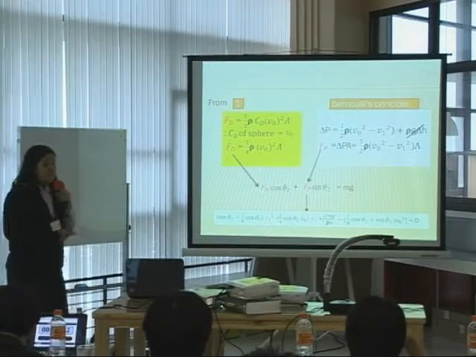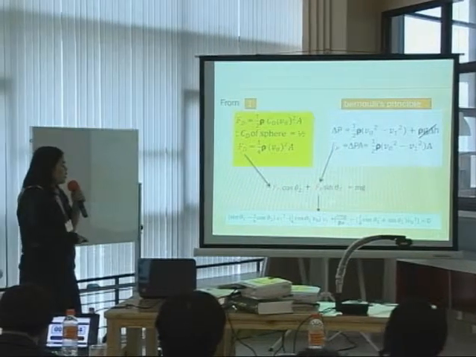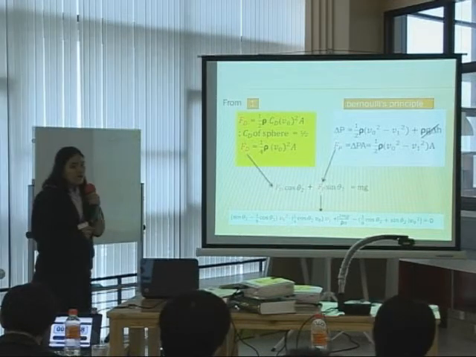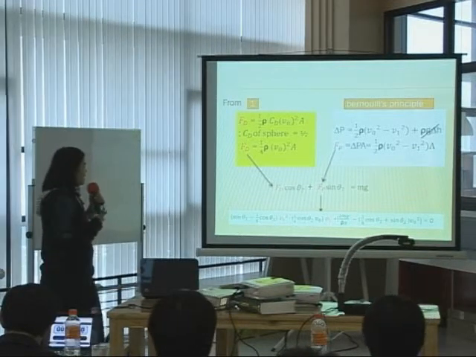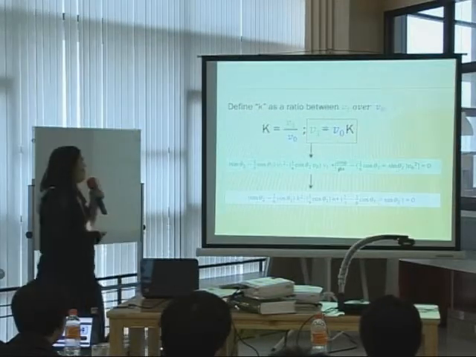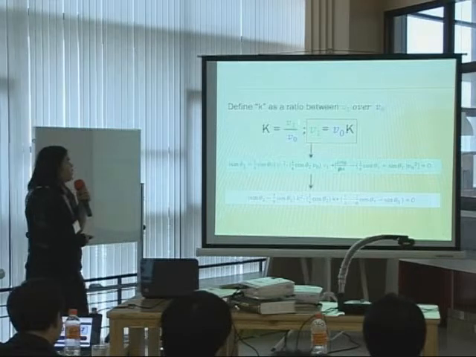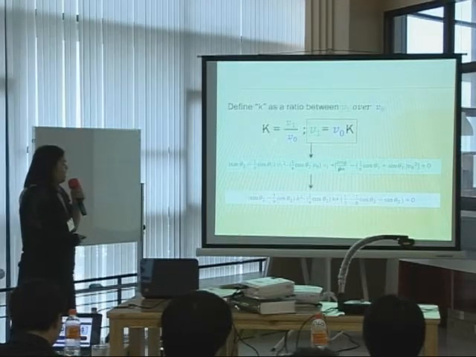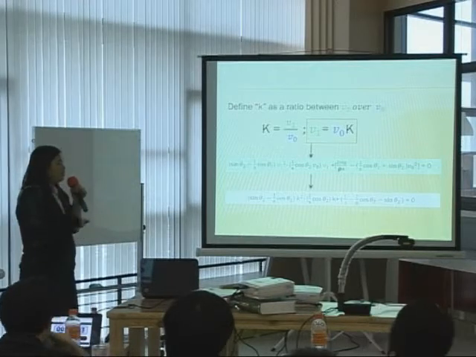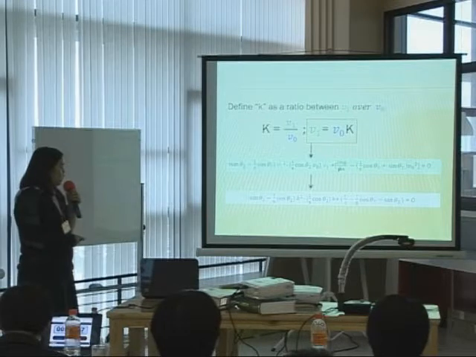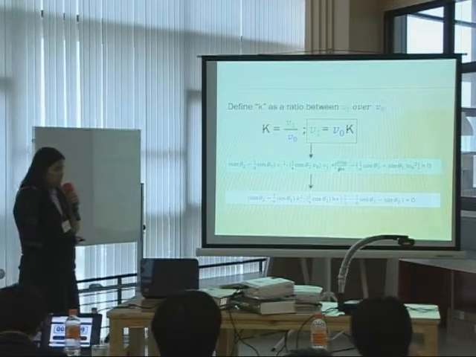If we look at this equation, there are 3 main variables, which are V1, theta 2, and V0. So I want to reduce it to only 2 variables. So I define K as the ratio V1 over V0. Then V1 is equal to V0 K, and I put it back into the equation.